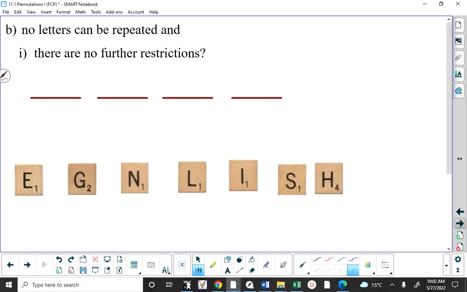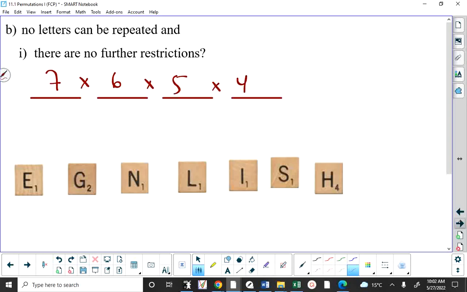What about now? No letters can be repeated. So if you look up here, the idea is now if I put an S here, the S is gone. I cannot repeat. No letters can be repeated. Well, this would be 7 times 6 times 5 times 4. Right?